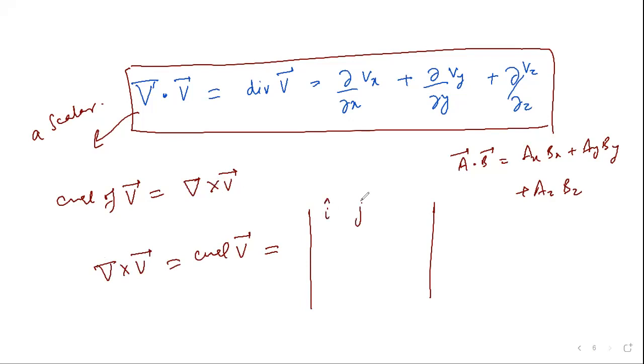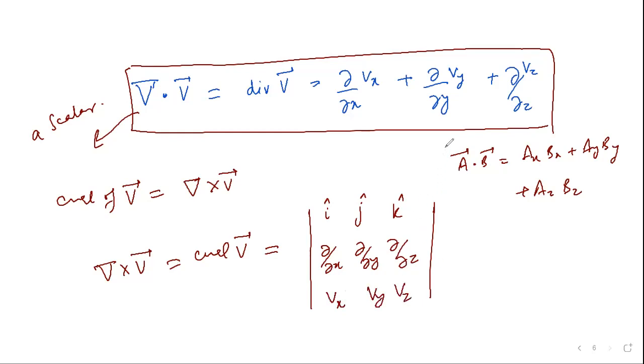We write it in terms of this determinant: i cap, j cap, k cap, then dou by dou x, dou by dou y, dou by dou z, then vx, vy, vz.